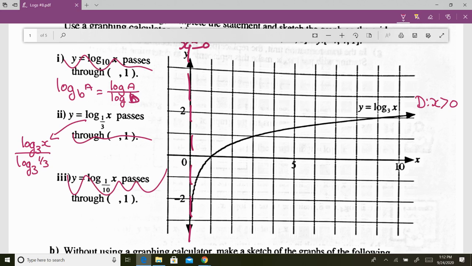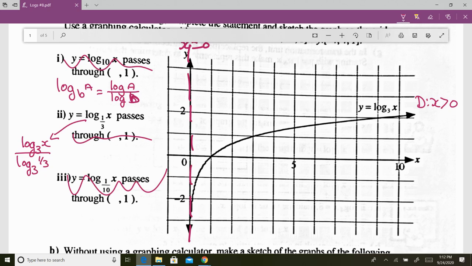And then, because we're clever, if you look on the sideboard, the top identity says log base b of b to the n, if the bases match, then it's just the exponent. So is there any way I can write this 1/3 as base 3, i.e. get rid of the fraction?